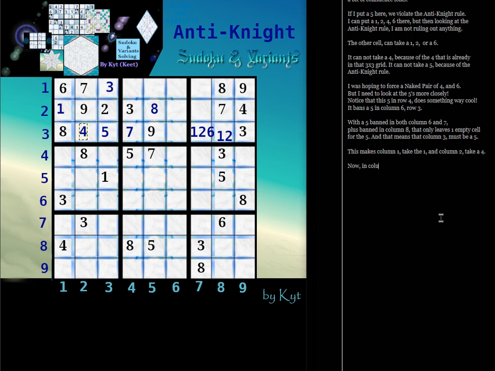Now, in column 6, we can only put in a 1, 2, or 6.